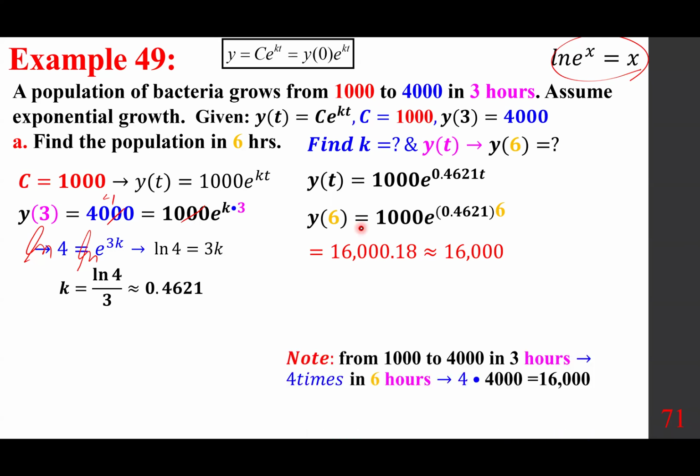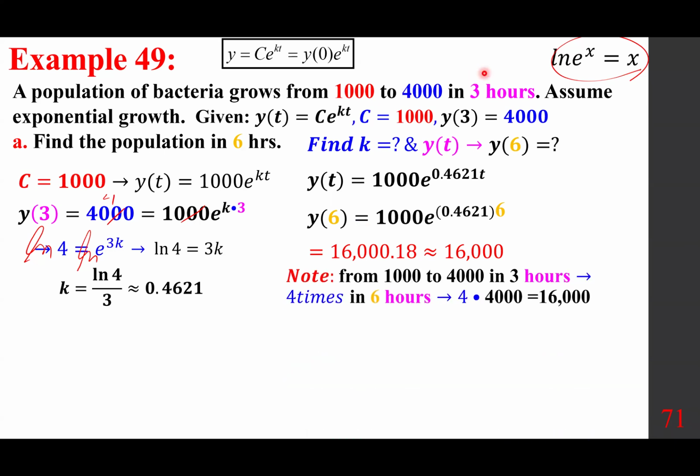So note that from 1,000 to 4,000, it takes 3 hours. So 6 hours, that means 3 hours later. So in 3 hours, it got 4 times larger. So another 4 times, that means 4 times 4,000 is 16,000.